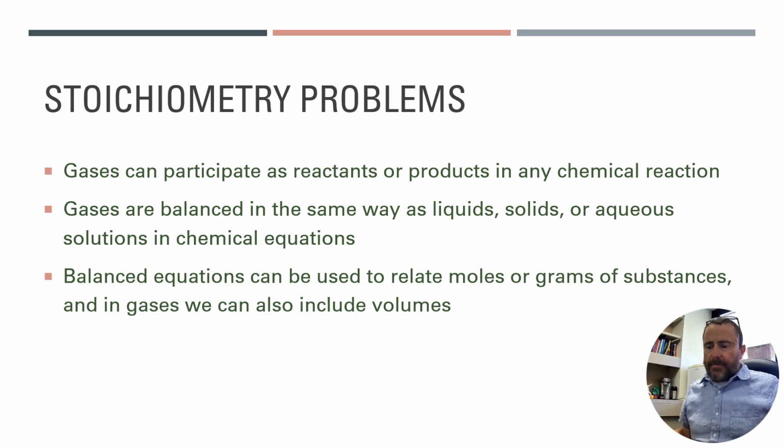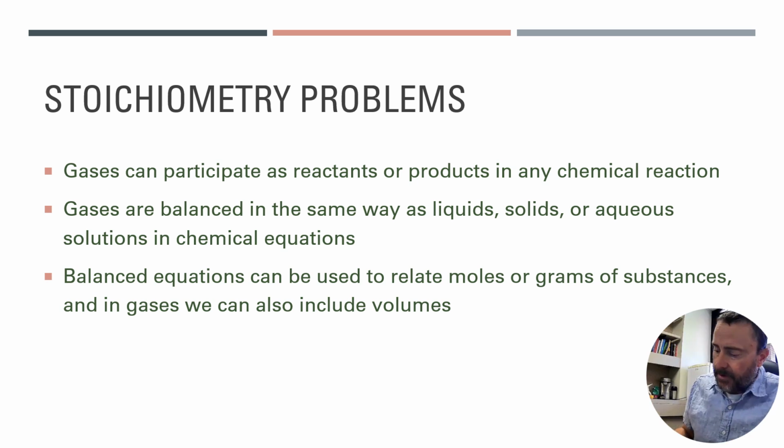Remember that gases can be reactants and products depending on how they're reacting together. And just like liquids and solids and aqueous things, they're in a balanced chemical equation. They've got coefficients out in front that we can look at. And so when we've got that, we can relate the number of moles of one species to another.